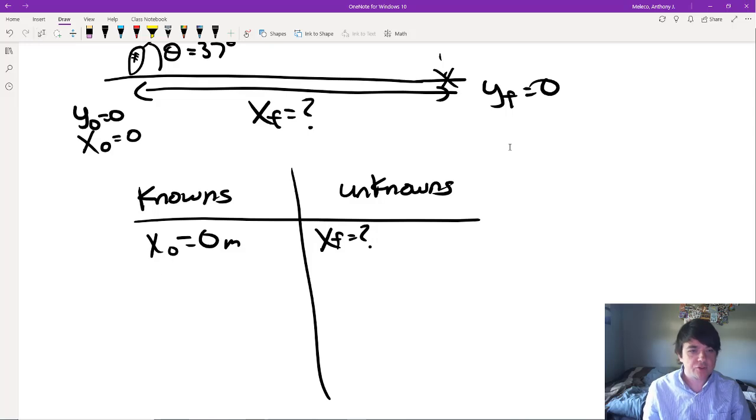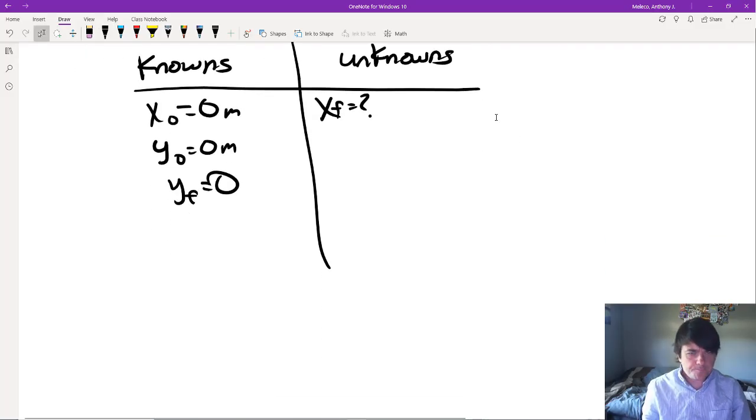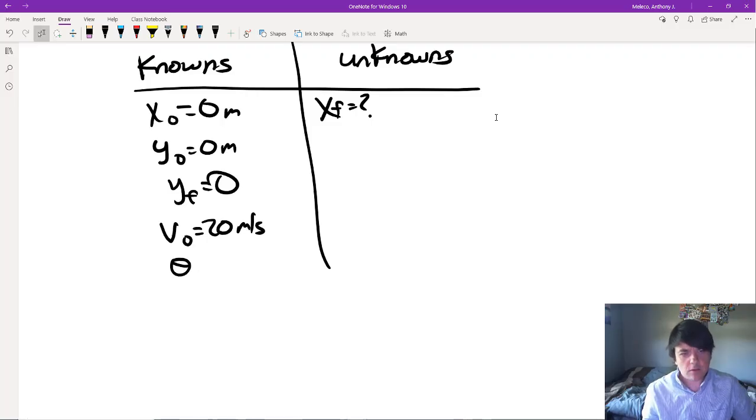We've got Y initial is 0. Y final is 0. V naught, we know, is 20 meters per second. Theta, we know, is 37 degrees.